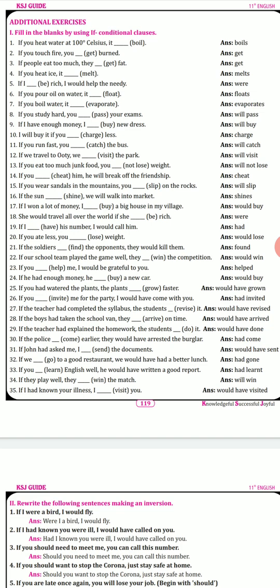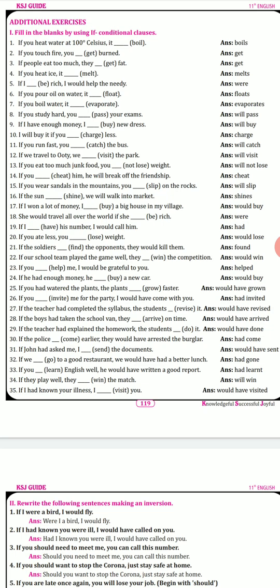And then third sentence, if you eat too much, they dash fat. So in bracket the verb given is get. So this also talks about general truth. If people eat too much, if anybody eats a lot of food, they get fat. So they will become a full figured person.